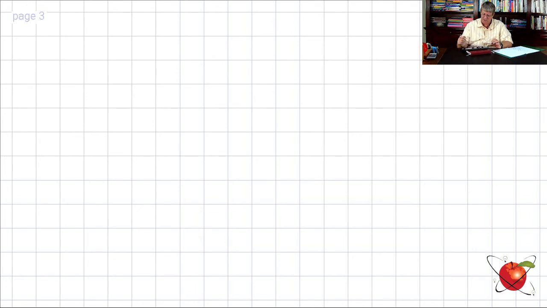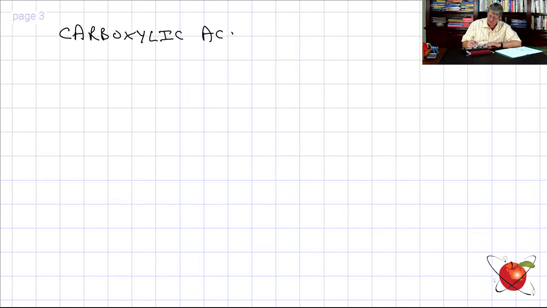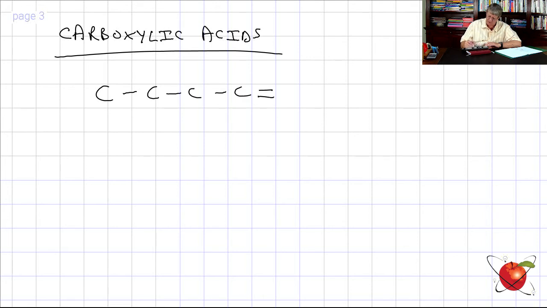The next functional groups that we're going to talk about are what is called carboxylic acids. And they generally are a chain of carbons. And at the end of them, we've got a structure that looks like that.